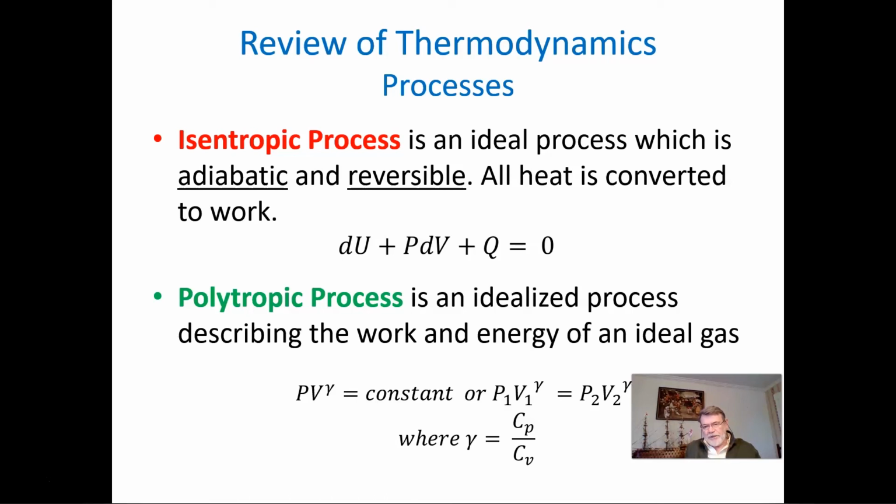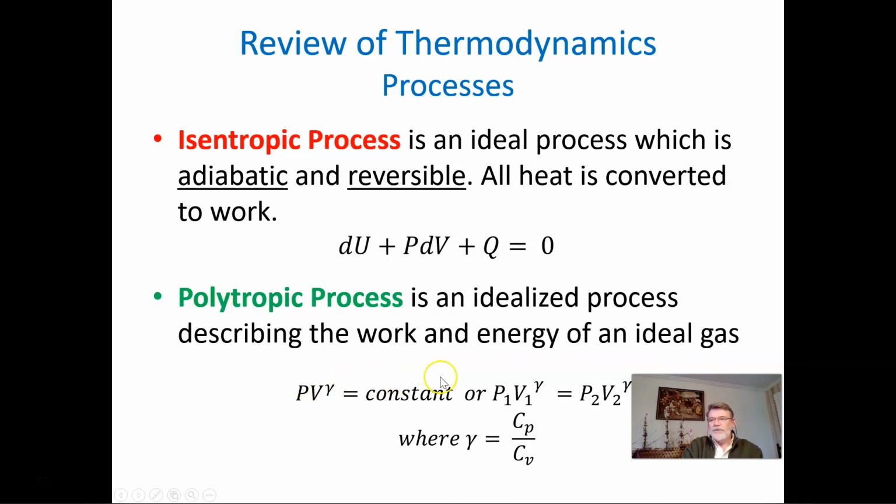A polytropic process is where the pressure, volume, and temperature obey the formula PV raised to the power gamma equals constant. This is one of the most fundamental formulas of the whole thermo course. Something to constantly keep in your mind.